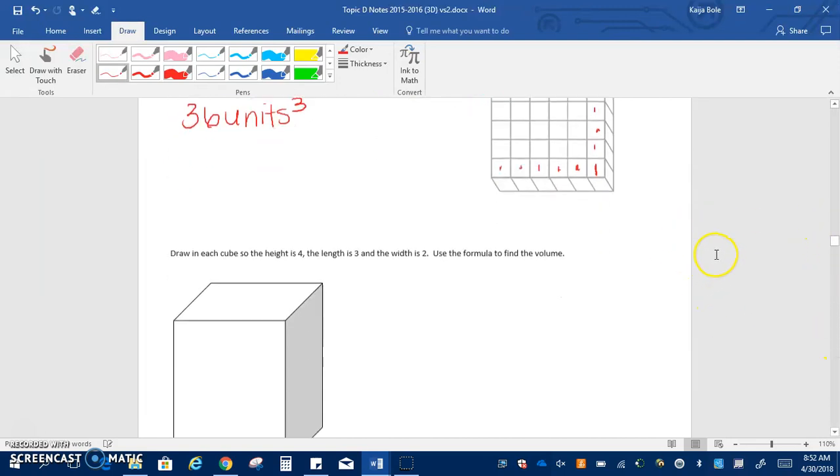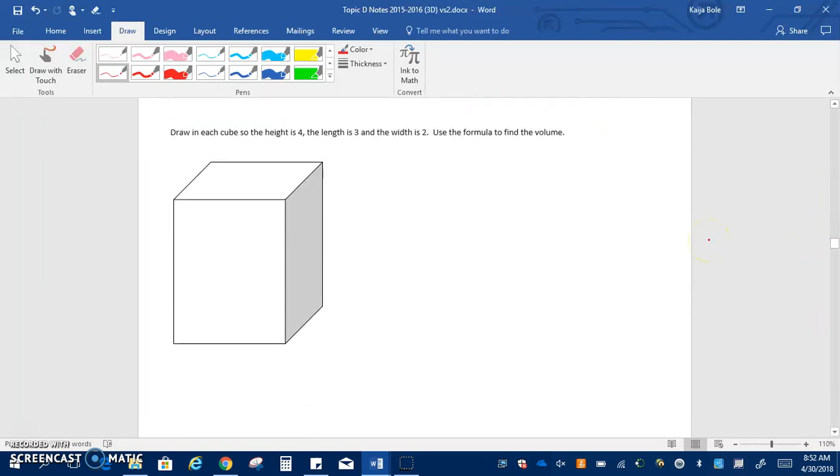Okay, so if we look at this next one, it says draw in each cube. So the height is 4, the length is 3, and the width is 2. So if you don't remember, height is how tall it is, the length is how far across, and width is how far back.